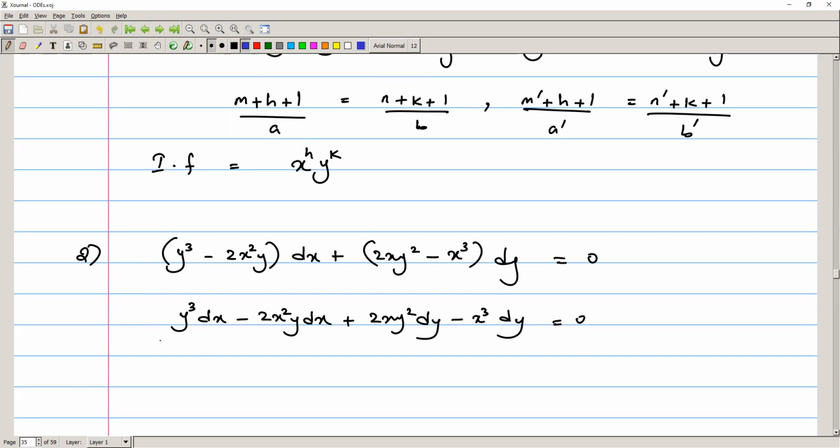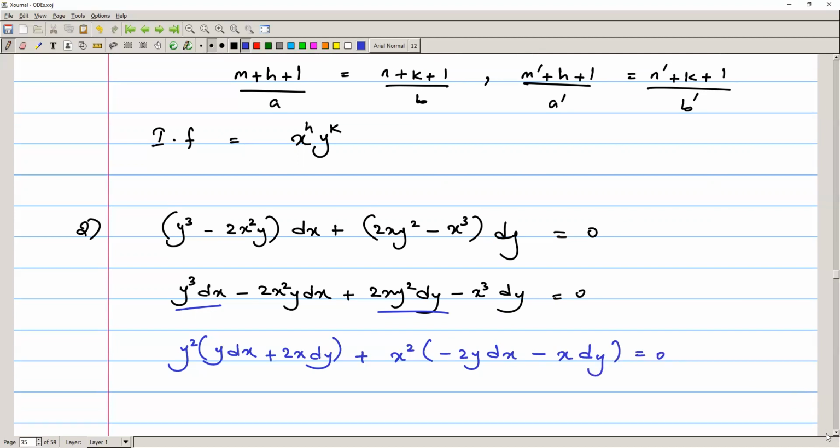And then again, we can write it in this way: y squared times (y dx plus 2x dy), that we have taken this and this for dx and dy to make it in the standard form, and then plus x squared times (negative 2y dx minus x dy) is equal to 0.